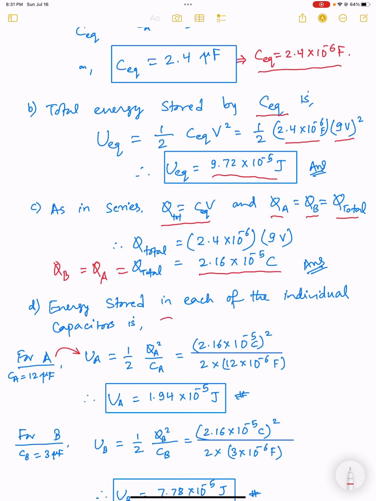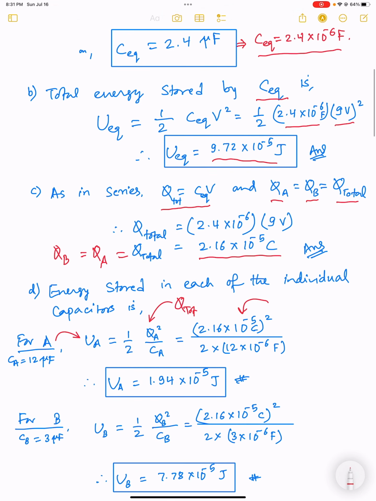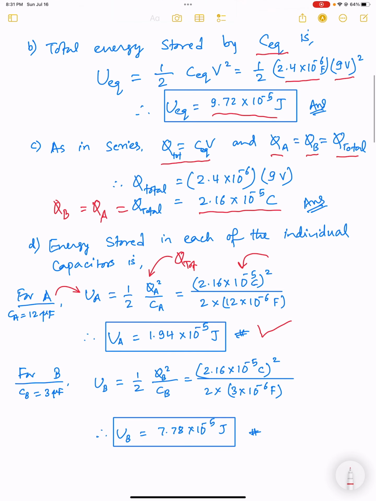As we know, this QA is the same as Q total, so we can use this amount of charge. Whenever you do the simple calculation, you will get this amount of energy, which is the energy stored by capacitor A.